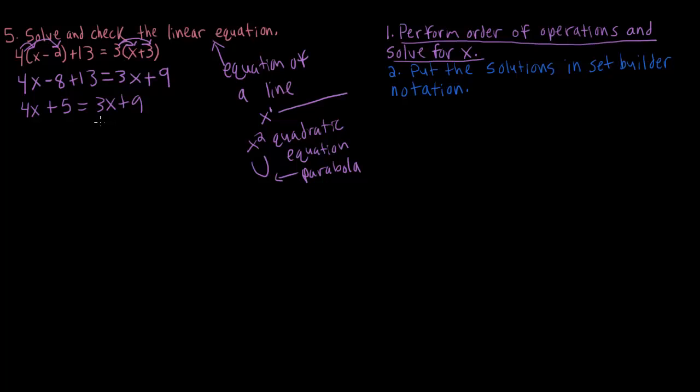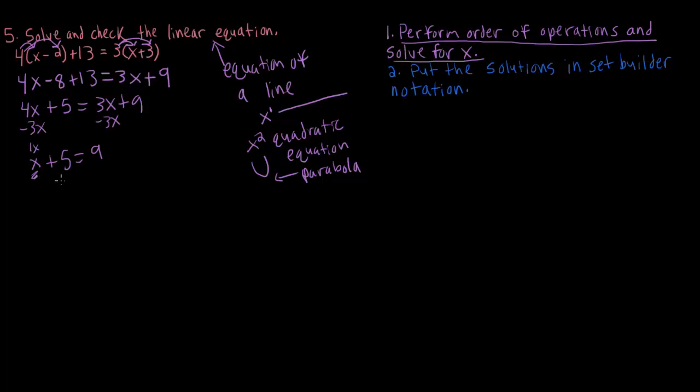We can take 3x and subtract it from the right side. If we subtract it from the right side, we have to subtract it from the left side. 4x minus 3x is 1x, or we could just write it as x. Plus 5 equals 3x minus 3x is just 0, it's nothing. And then plus 9. And right here, we're still trying to get x by itself.